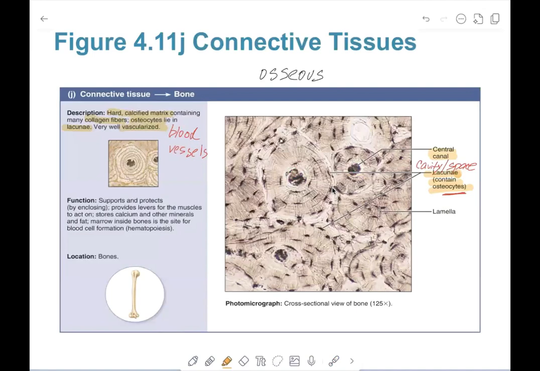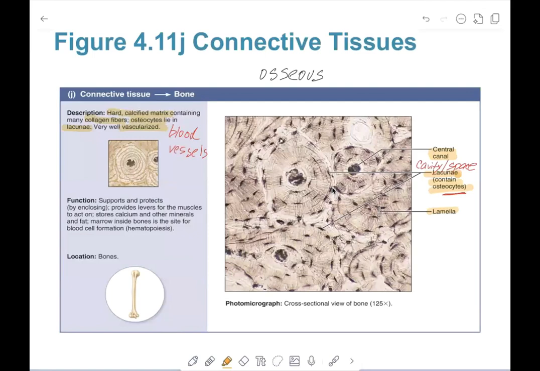Those rings are called lamellae, and between the lamellae are these small cavities or spaces with osteocytes in them. So it's pretty easy to recognize because it almost looks like what you would envision if you were to observe the growth rings on a tree.